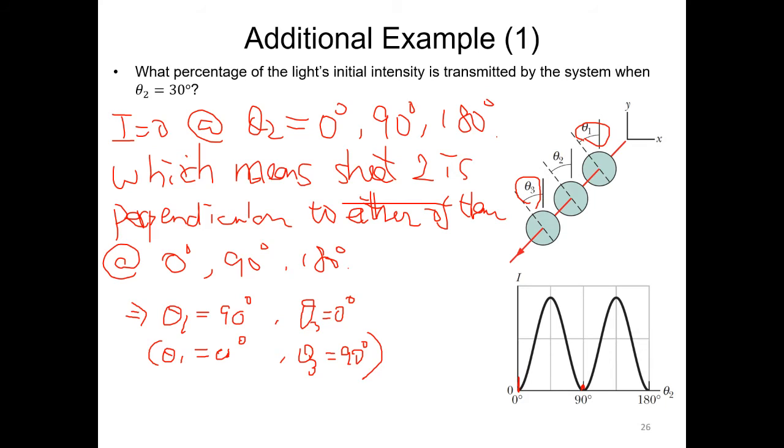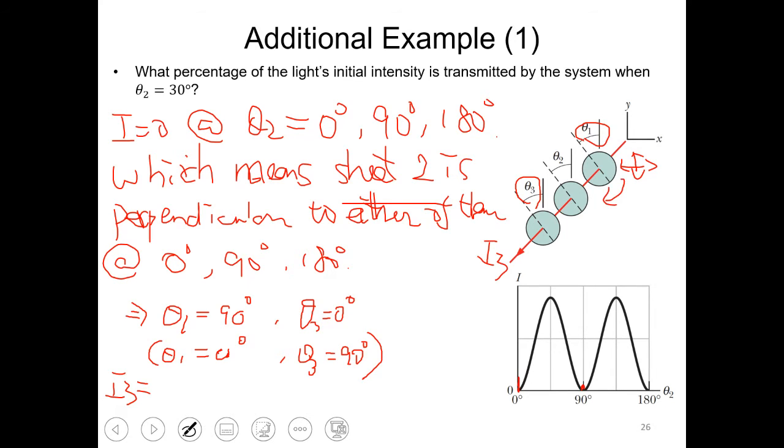Okay, so maybe we call it I3. Suppose at the very beginning the light is unpolarized.